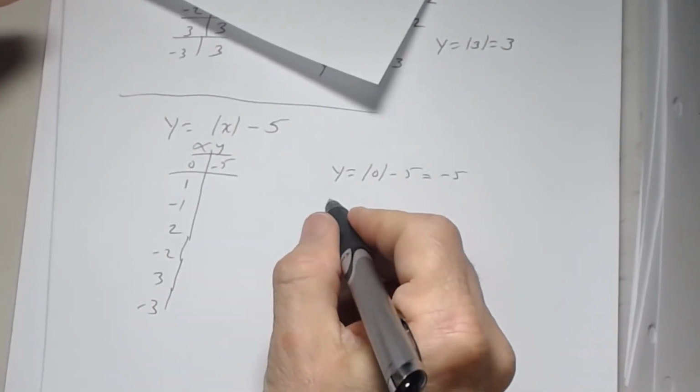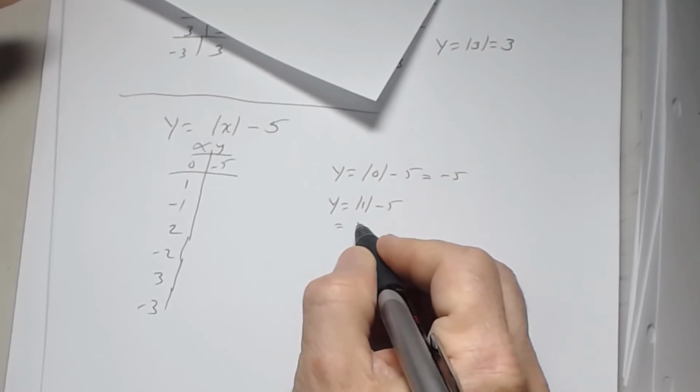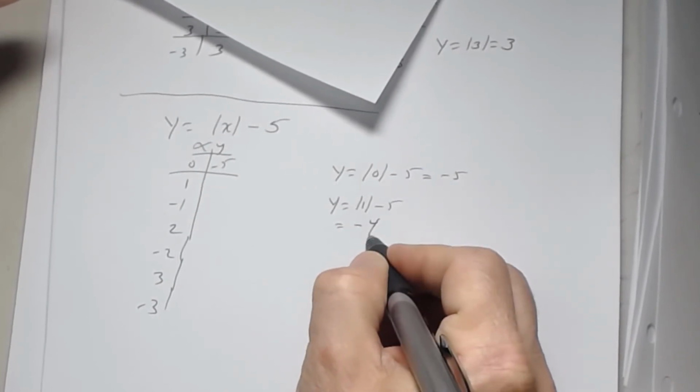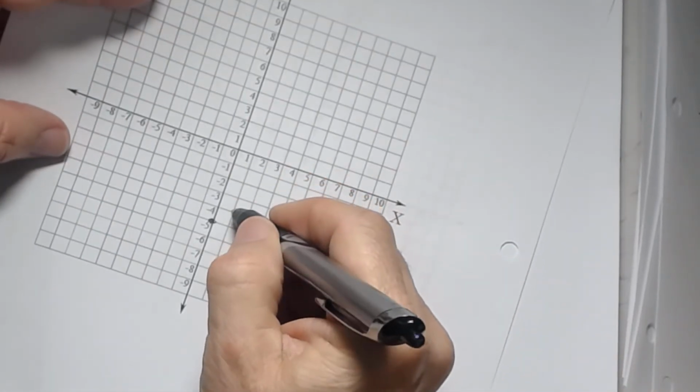If x is 1, I get y equals absolute value of 1, subtract 5, which gives you what y value? Negative 4. So 1, negative 4.